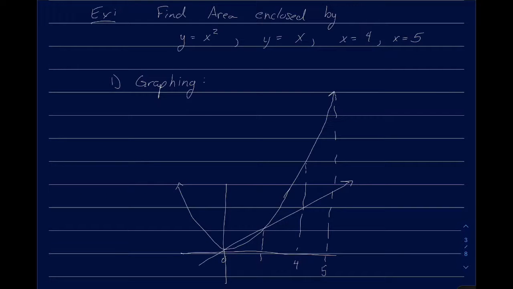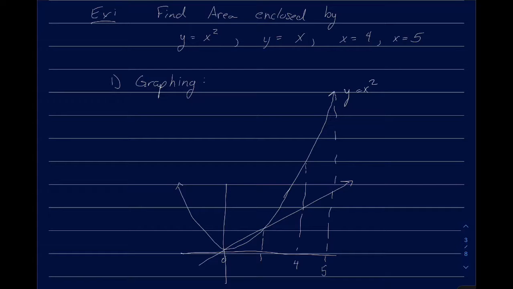So now let's take a look at an example. Let's find the area enclosed by the functions y equals x squared, y equals x, x equals 4, and x equals 5. So obviously our parabola here is going to be x squared.